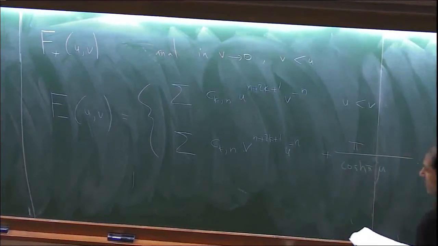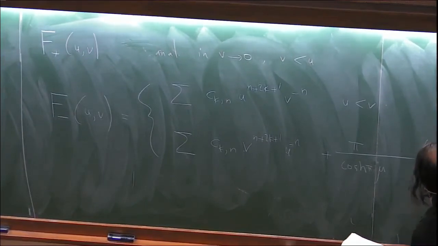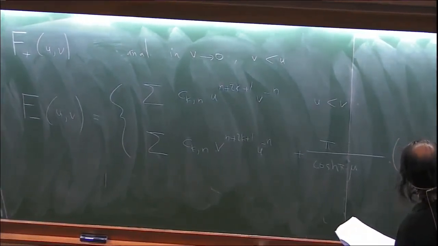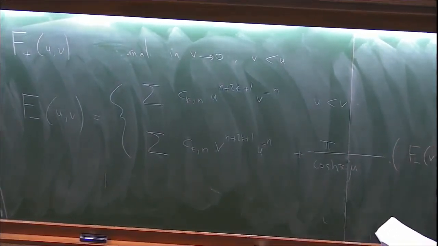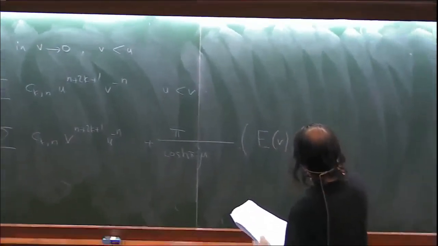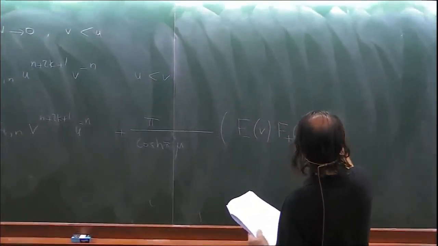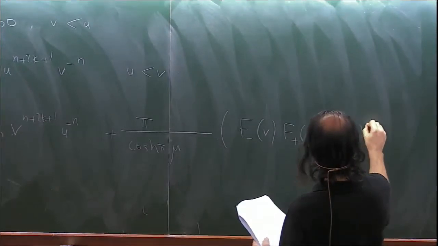But now instead of having just those oscillatory things like we had in the harmonic oscillator, we're going to have f minus, these are those homogeneous hypergeometric function solutions, f minus of v, f plus of u, minus f plus of v, f minus of u.